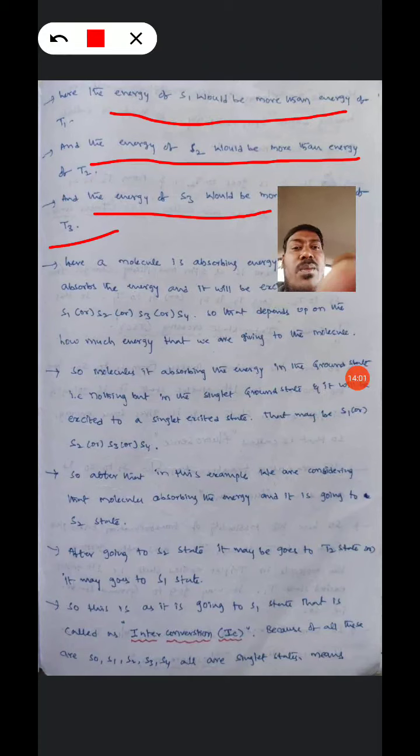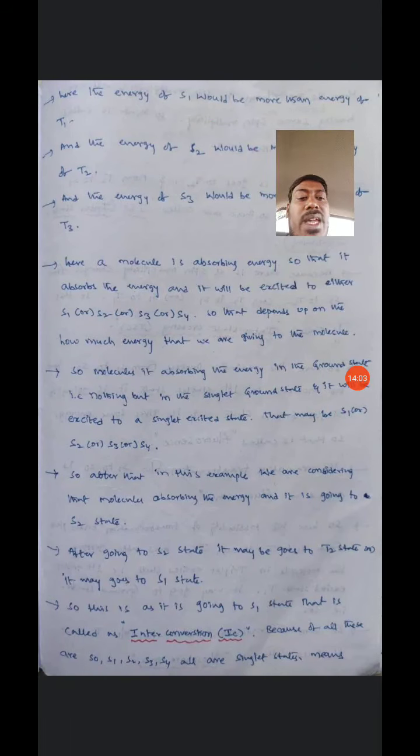Here the molecule absorbs energy and will be excited to either S1, S2, S3 or S4. That depends upon how much energy we are giving to the molecule.